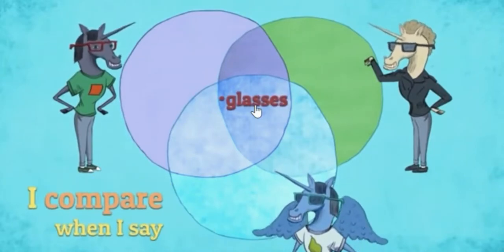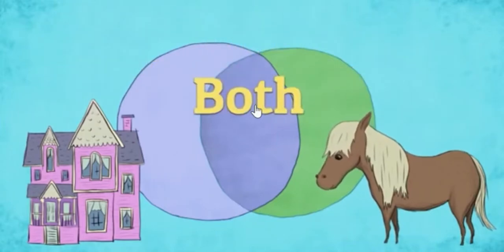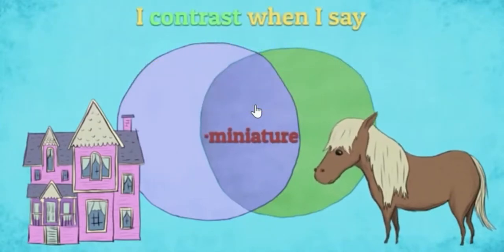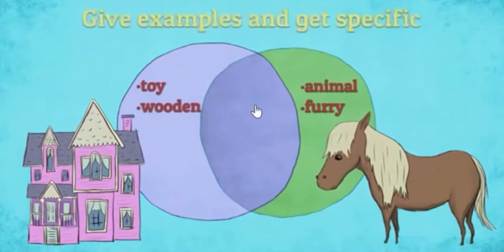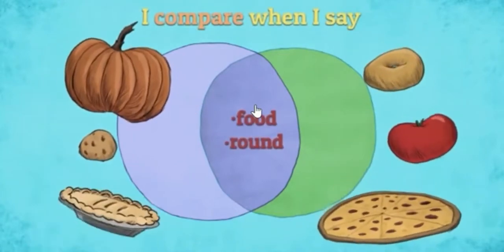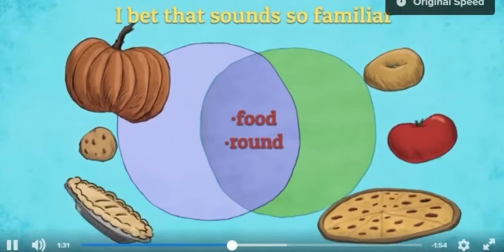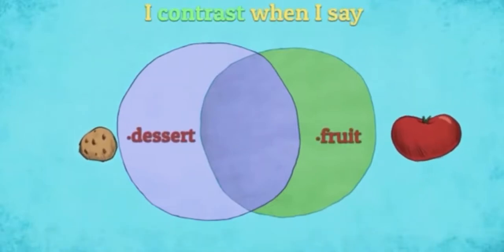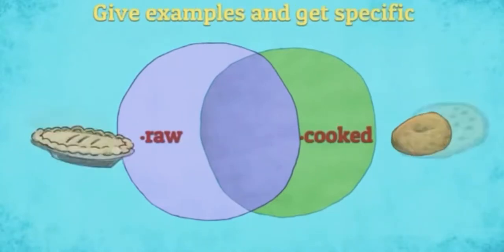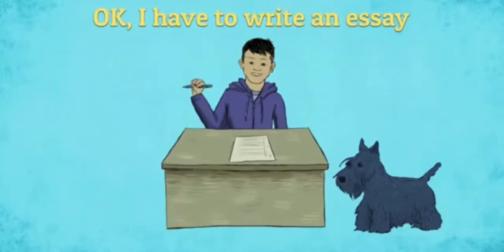I compare when I say how things are similar, like dollhouses and ponies, both miniature. I contrast when I say how things are different, give examples and get specific. You get it? I compare when I say how things are similar or the same. I contrast when I say how things are different, give examples and get specific. You get it? Okay, I have to write an essay.